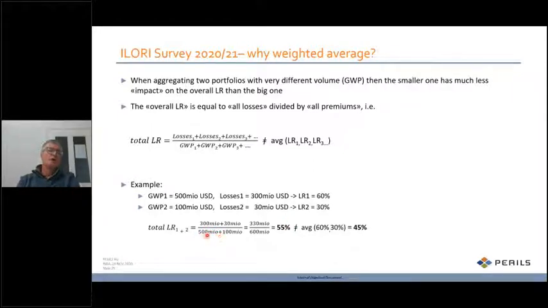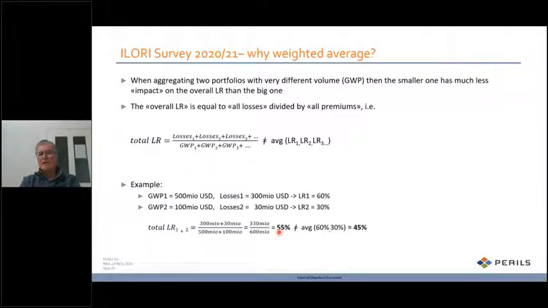So when we calculate the overall loss ratio correctly, we sum up 300 plus 30 million US dollars divided over the entire premium, 500 plus 100, 600 million, resulting in 55%.